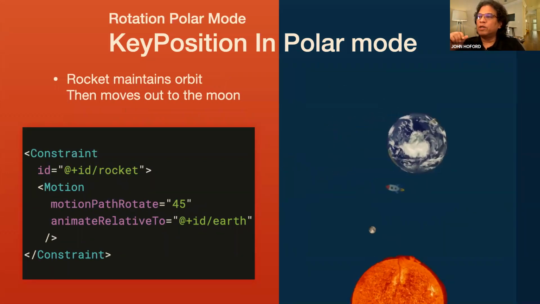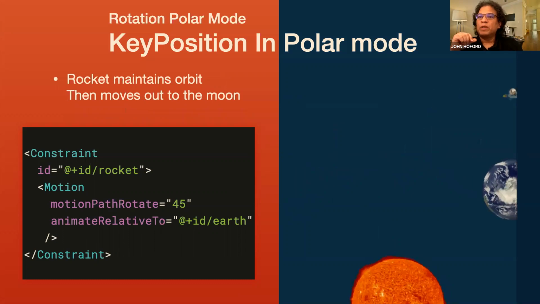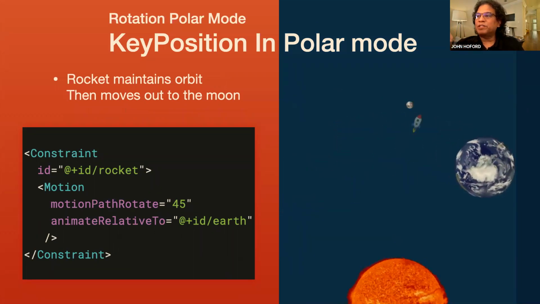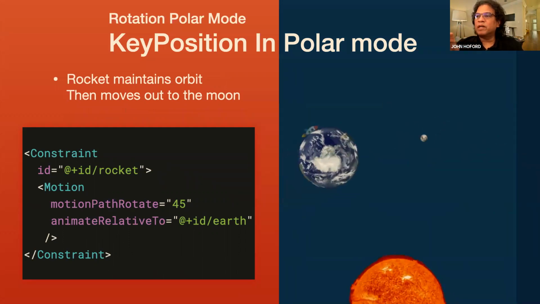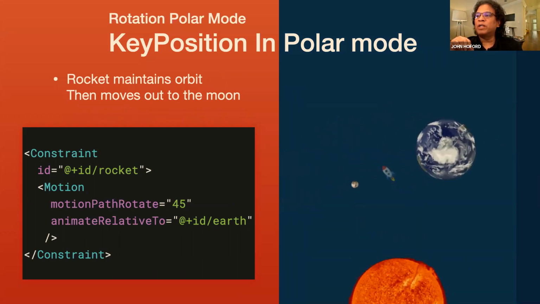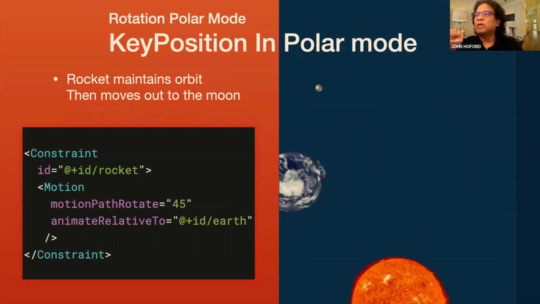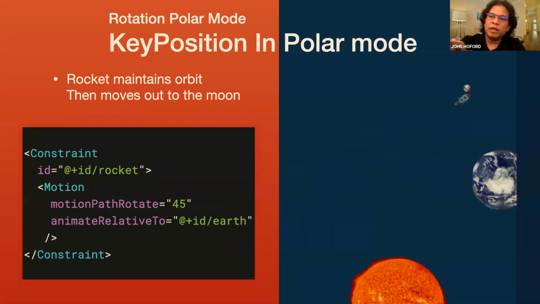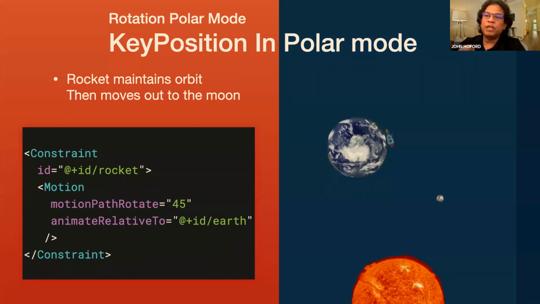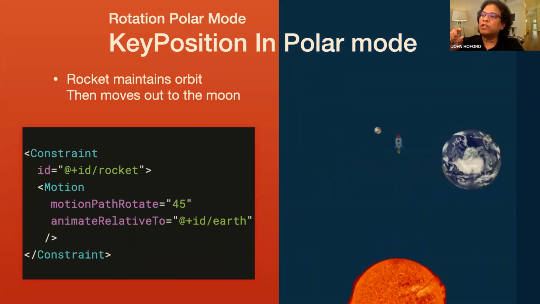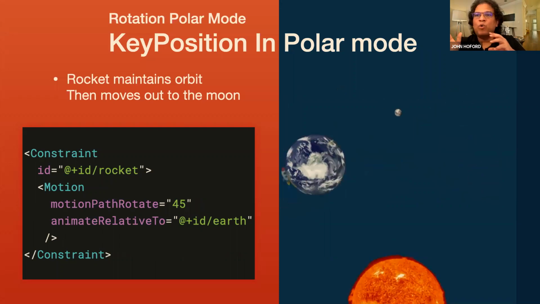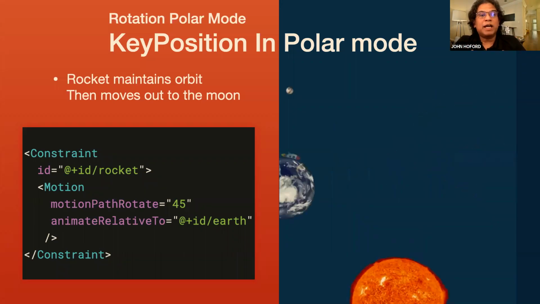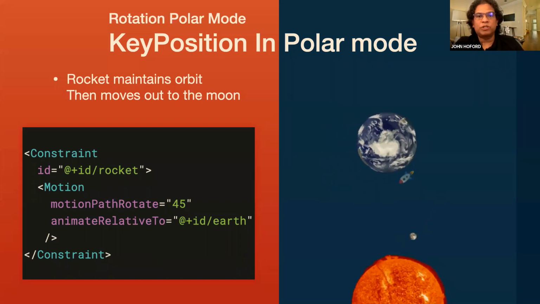Now if you look at this animation here, it's a very complex animation being set up. We have the Earth, the sun, and a little rocket moving around, and it moves to meet the moon. Notice that we say motion path rotate, and you see the rocket is oriented towards its motion. That's because the entire system is aware of all the motion that's going on.